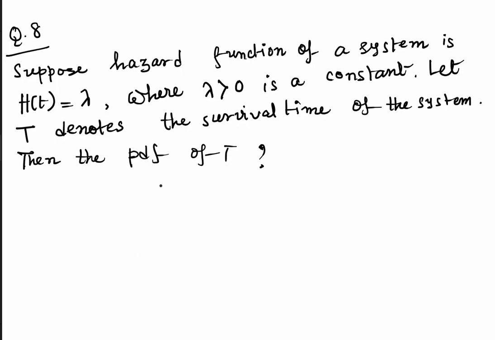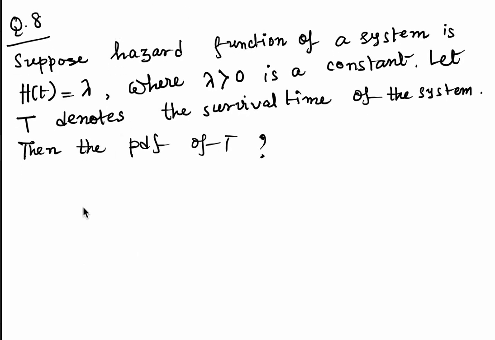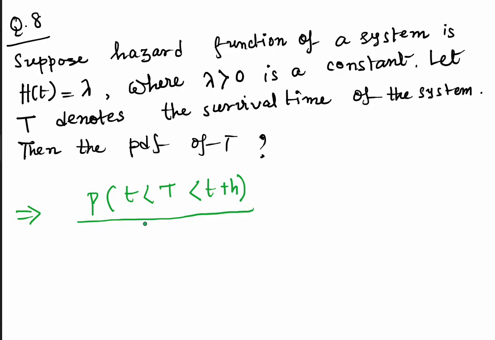So let's calculate. First we know what the hazard rate means. Hazard rate means the probability that the survival time should be greater than t and less than or equal to t plus h, divided by h.